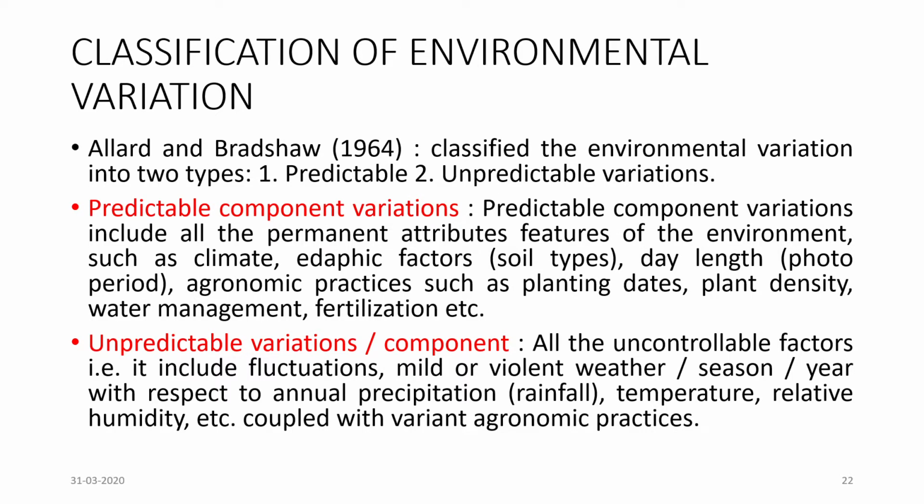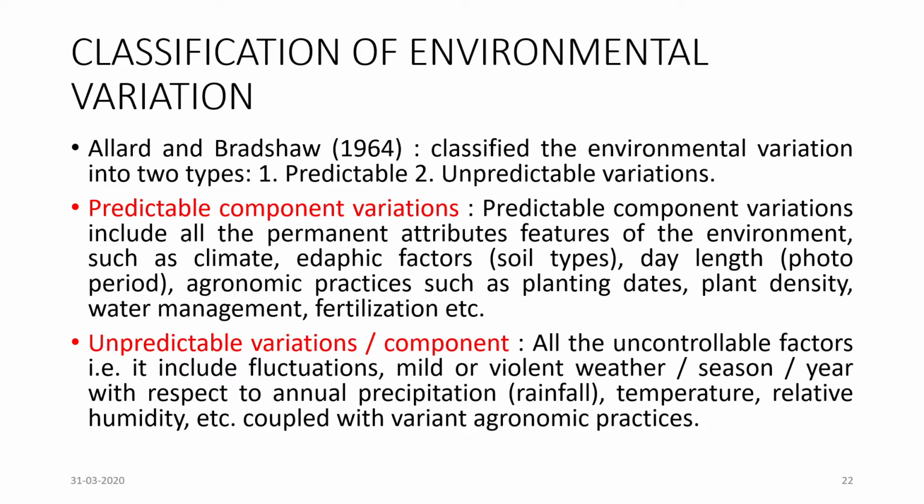So with environmental variation, you have two possibilities. You can have a predictable component of variation, and you can have unpredictable variation. Predictable environmental variation is what you can induce, like the photoperiod you give to the plant, or a specific type of fertilizer and the amount of fertilizer you are giving, or the specific soil type.